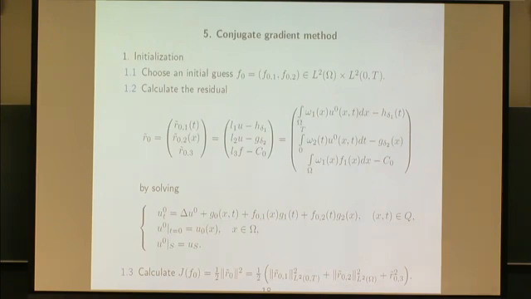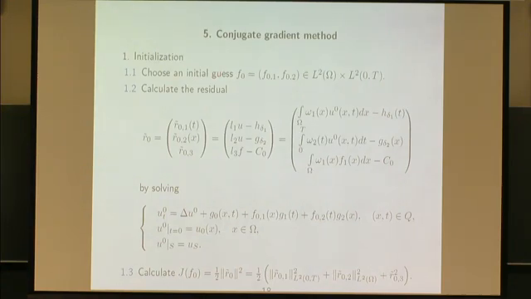Now we have the conjugate gradient method as a suitable tool for implementing the iterative minimization, which was previously derived. So the first step is to initialize the iterative process.